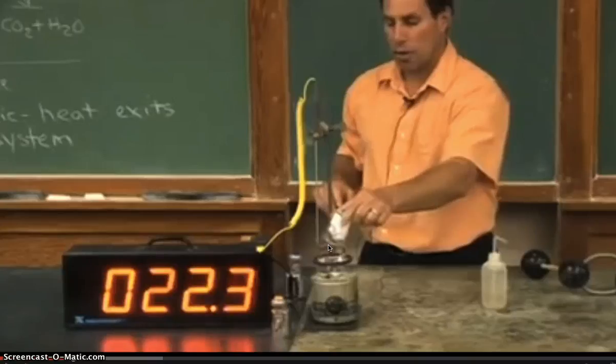The chemical formula for ammonium nitrate is NH4NO3. Over here, this is the register that displays the temperature. Currently it's 22.3. I want you to watch very closely to the register the moment the ammonium nitrate is added to water.